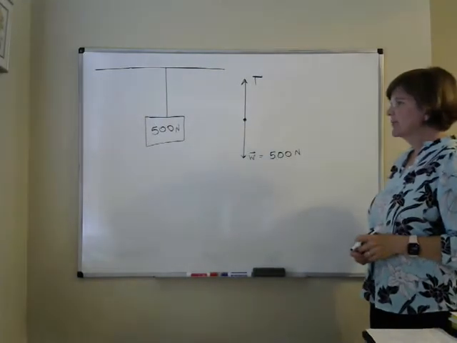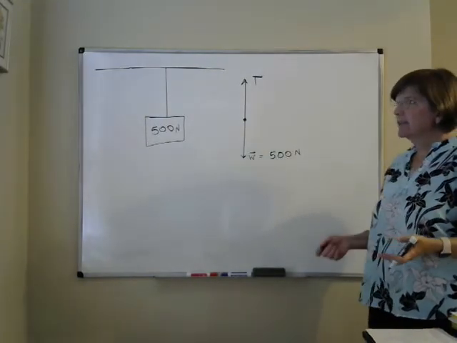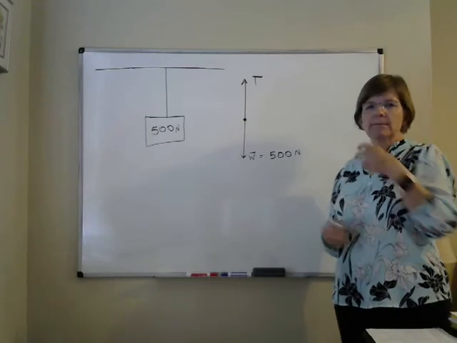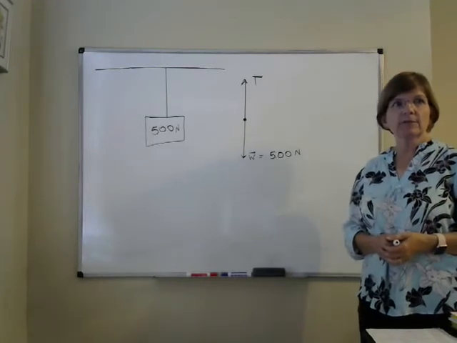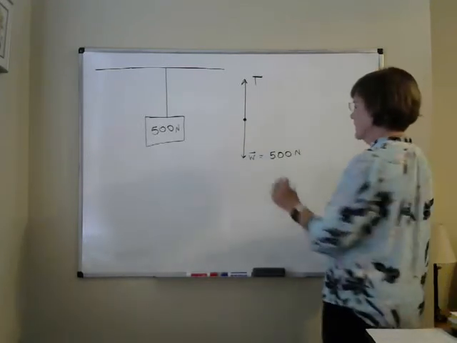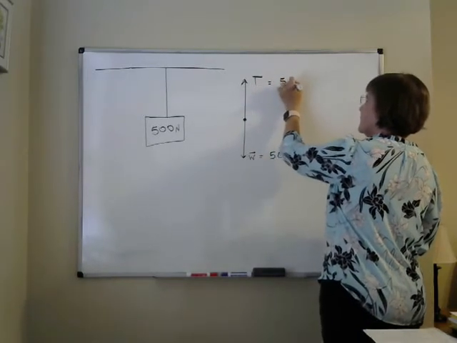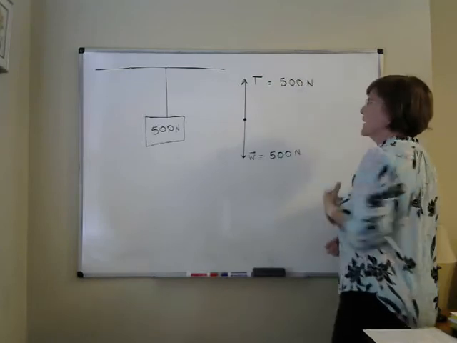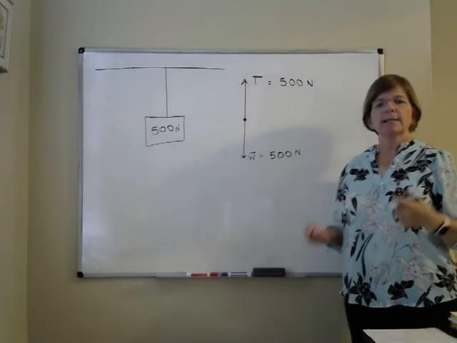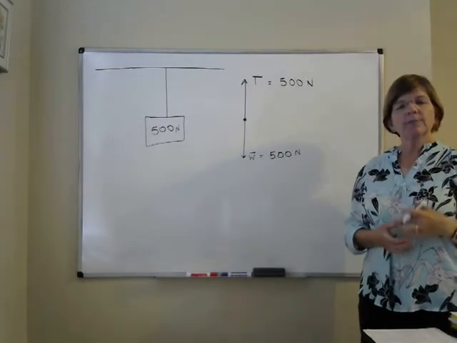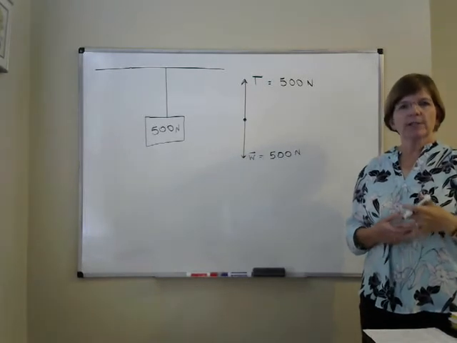This represents whatever this big heavy thing is. I'd say 500 newtons is about 50 kilograms, something that weighs around 110 pounds. That's all I know. So, what would this be? It'd have to be 500 newtons. Why do I know it's 500 newtons? Because of Newton's first law. If an object is at rest, all the forces are balanced.